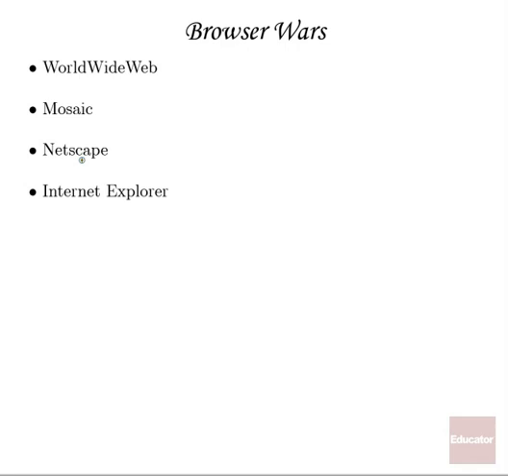Some folks at the National Supercomputing Agency in Illinois created a browser called Mosaic, and from Mosaic sprang two of the most popular browsers of the 1990s, Netscape Navigator and Microsoft Internet Explorer.